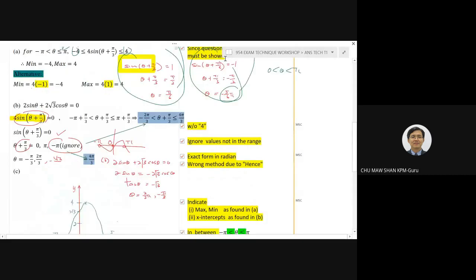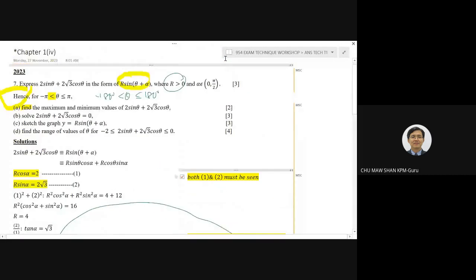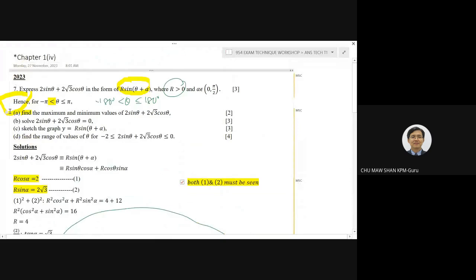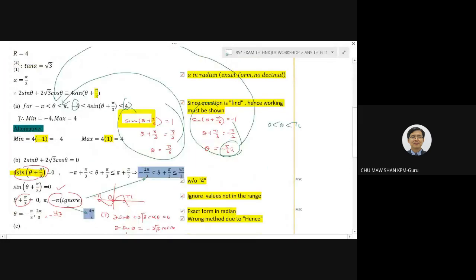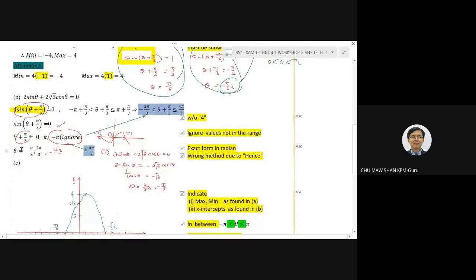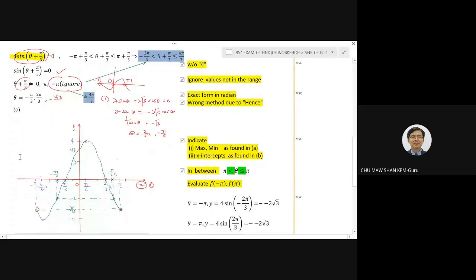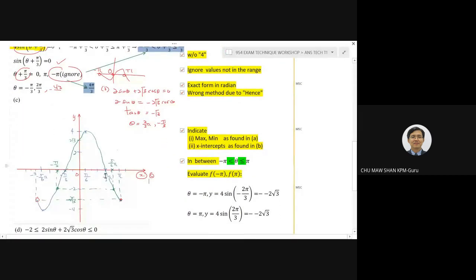Okay, this is the information from question A. For question B, you solve the equation and you get these values, right? So you indicate negative pi over 3. Where? Here. Negative pi over 3. And then another one, 2 over 3 pi, as you get from here.